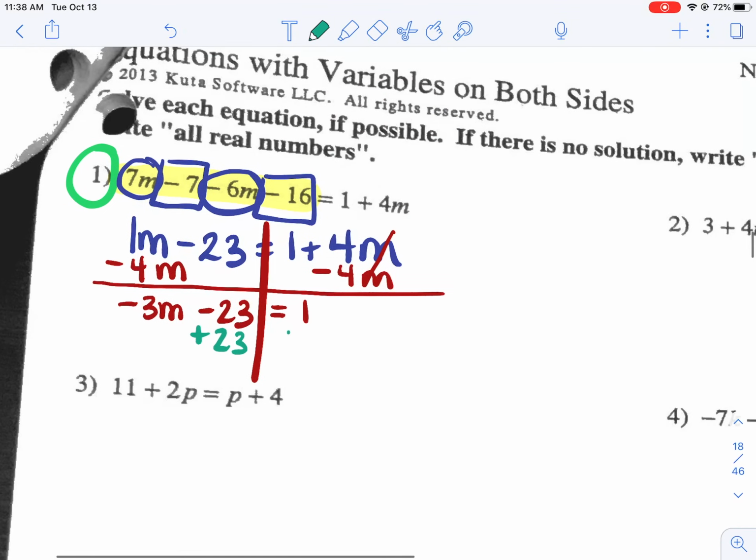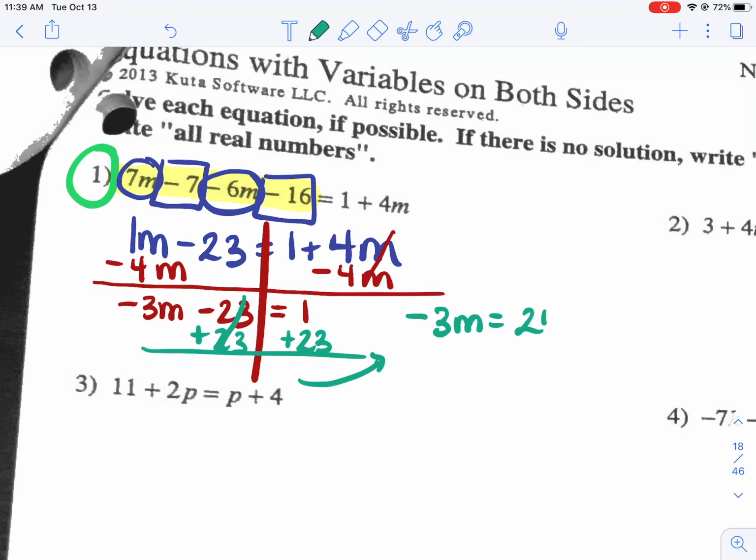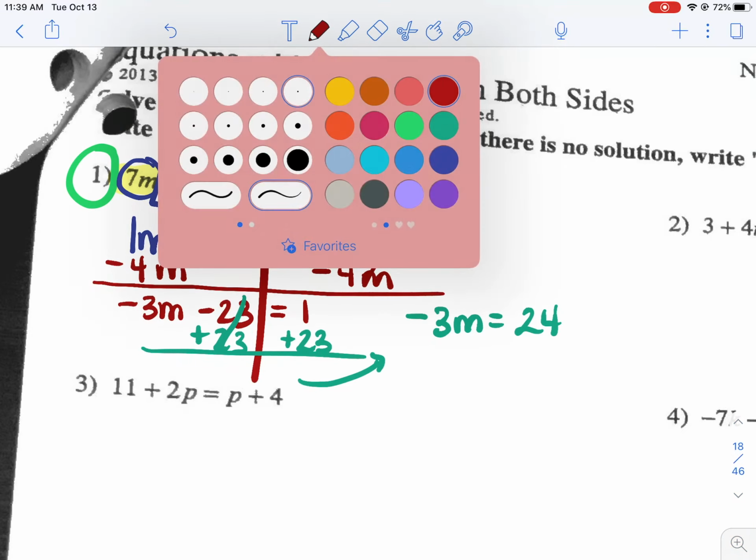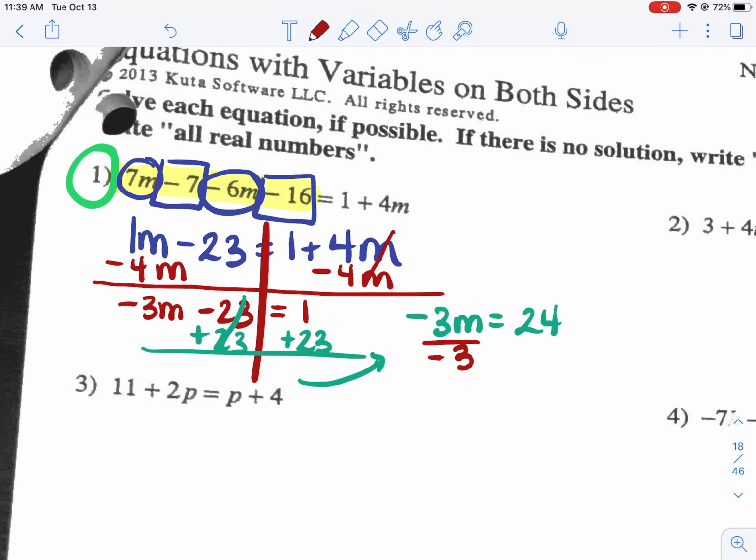Let's add 23 to both sides. I'm going to move my work over here. Negative 3m equals 24. And then you want to think to yourself, what's our very last step here? Dividing both sides by negative 3. So m equals negative 8.